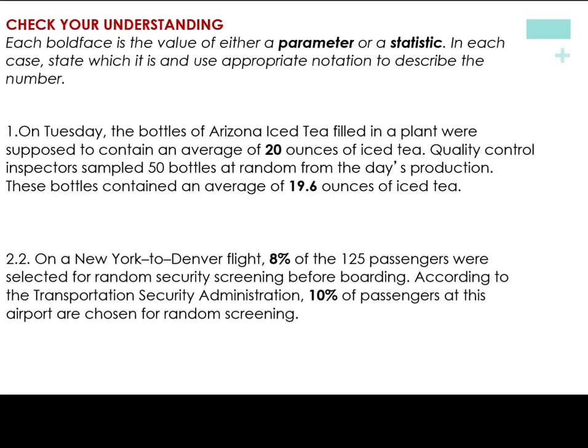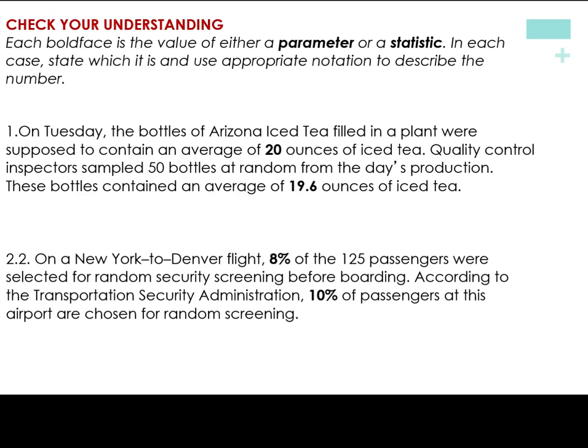2.2. On a New York to Denver flight, 8% of the 125 passengers were selected for random security screenings before boarding. JP was one of them. According to the Transportation Security Administration, 10% of the passengers at this airport are chosen for random screening. What is the 8%?